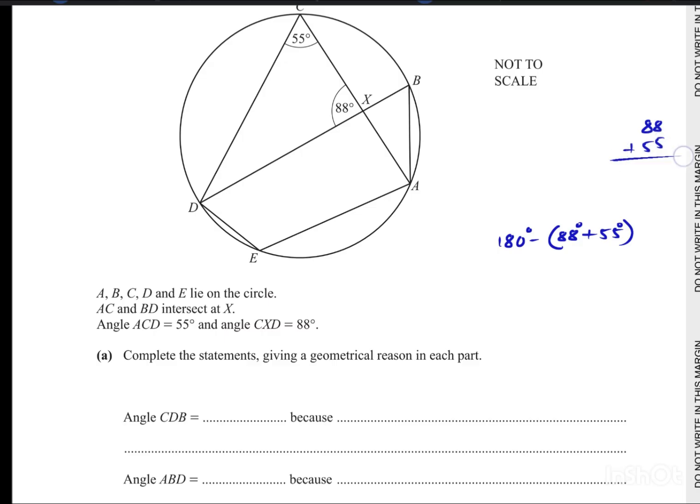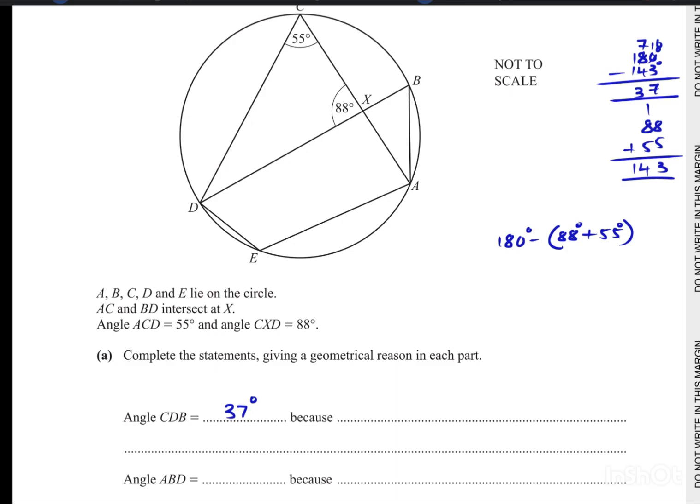Find out. 143. So 180 minus 143 will be 37. So 37 degrees.